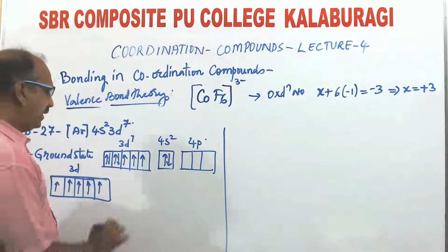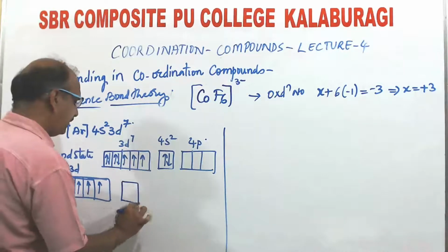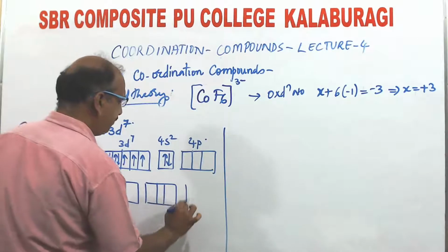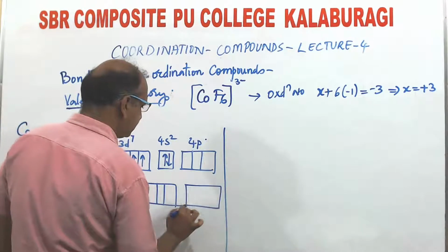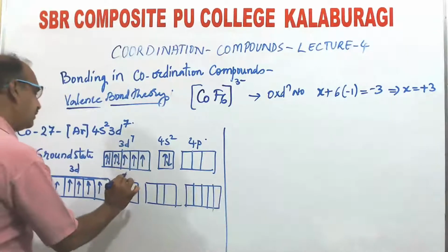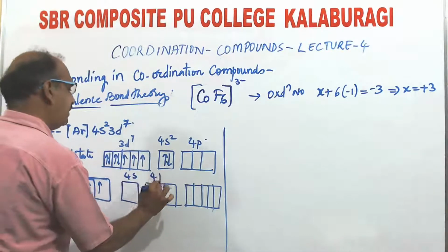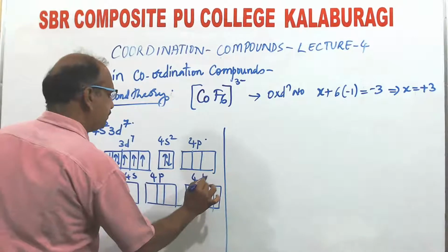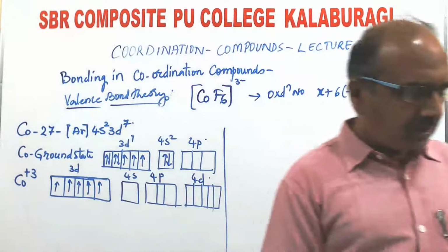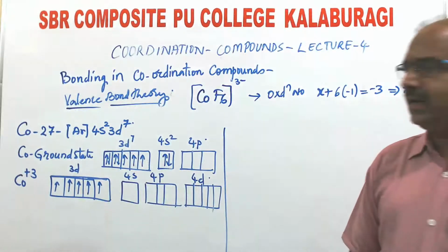And 4s is empty. 4p also empty. Then even 4d shall be present, which is empty. This is 4s, 4p, 4d. Those will be empty. They are not going to be occupied by any electrons.